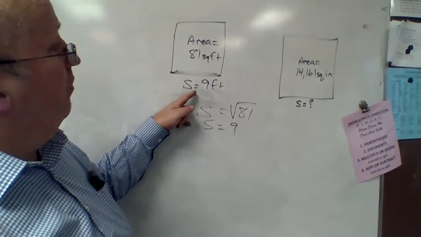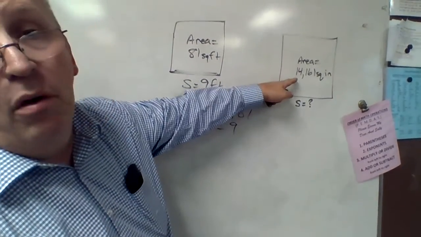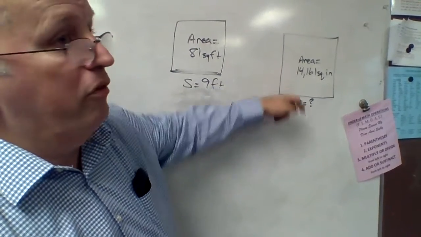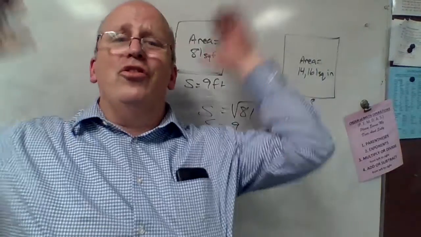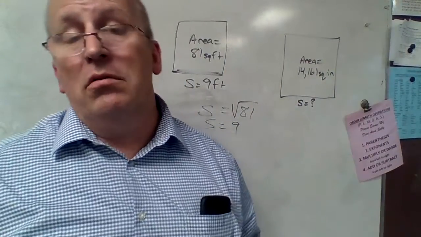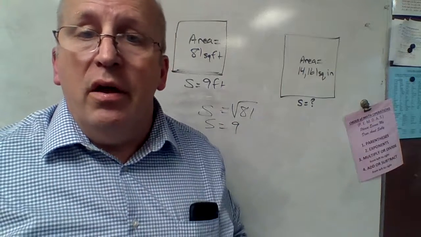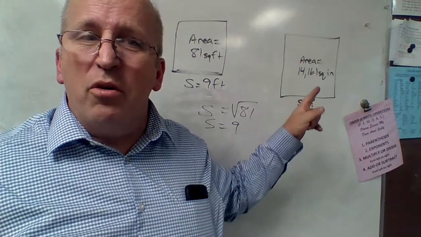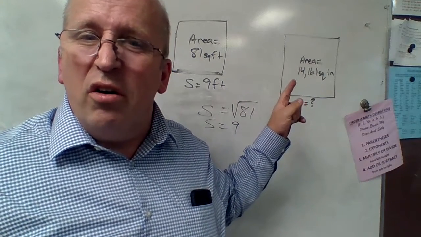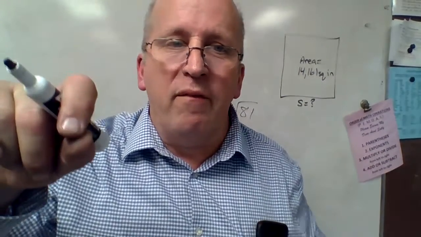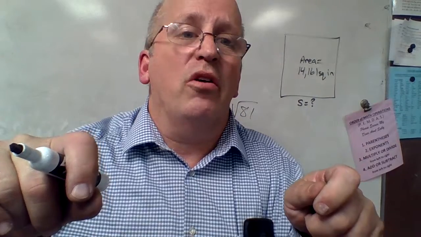Now, if that's how we solve this one, we're going to do the same thing over here. We have to figure out the square root of 14,161. Mr. Bongo, there's no way we can figure that out. Well, yeah, there is. But we'll talk about that tomorrow. On these big huge numbers like this, you can use a calculator and the square root button. Sometimes you have to press the square root button first and then 14,161.